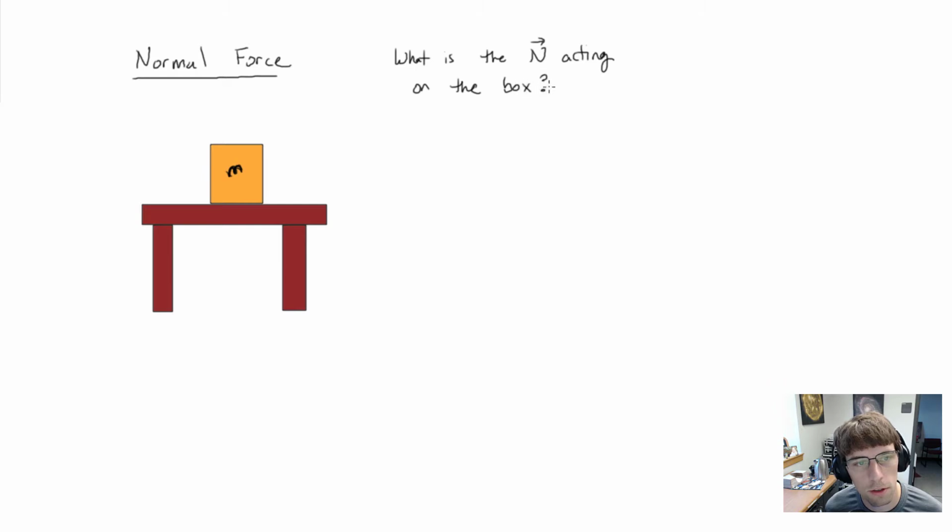Okay. So what we're after, we have a box sitting on a table, and we're interested in identifying what is the normal force acting on the box. The first thing that I will say is, let's identify what our system is, the object or objects that we're interested in considering.